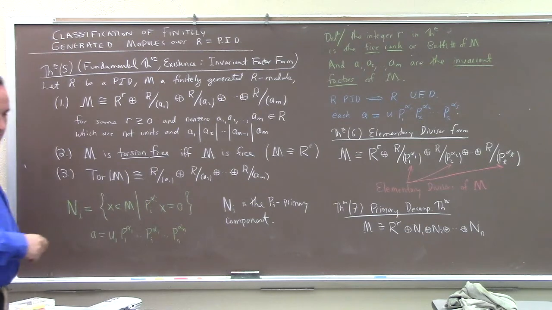This guy is the annihilator of the module. N_i has annihilator p_i to the alpha_i, and it's a submodule of M.